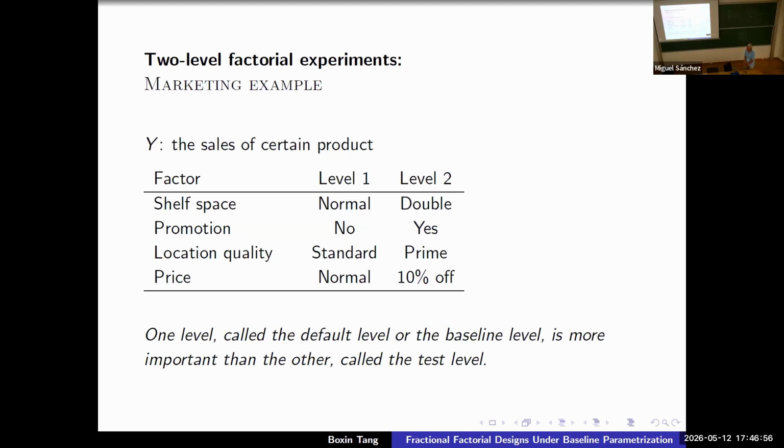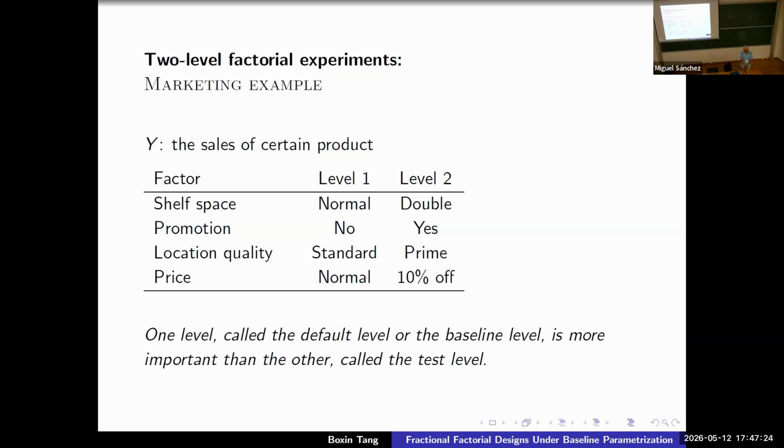The second factor is promotion. Promotion means you put up a sign at the entrance of the store or in the center, or flyers. No promotion is level 1. Yes, promotion is level 2. The third factor is location quality. In the stores, different locations are different, and some locations are better. Some locations are called prime locations.